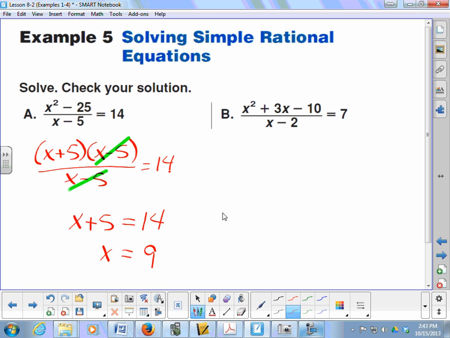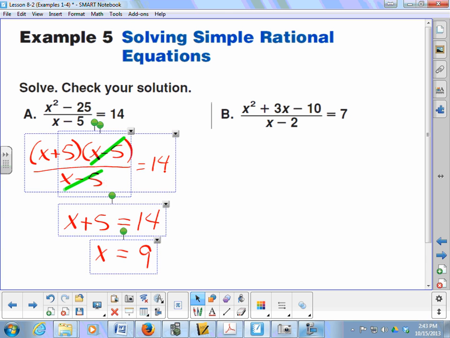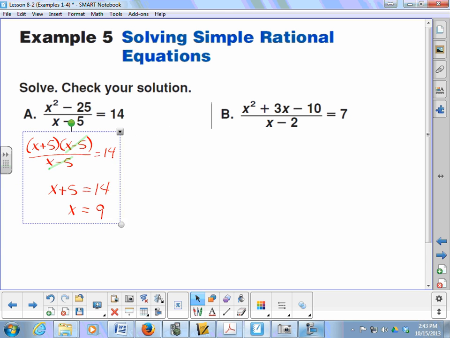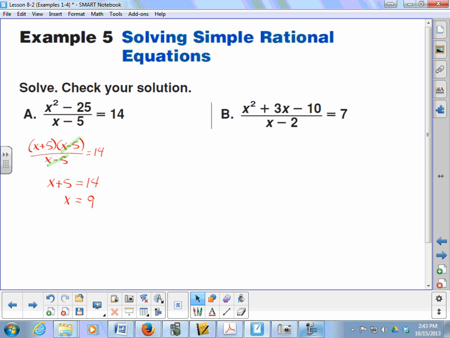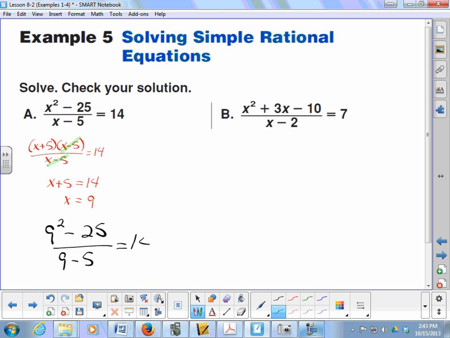Now the big thing here is, you must check your answers. You must check your answers. So when I check my answer here, I'm going to put 9 in for x. So 9 squared minus 25 over 9 minus 5, does it equal 14?